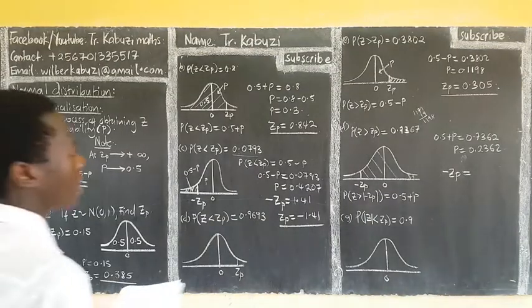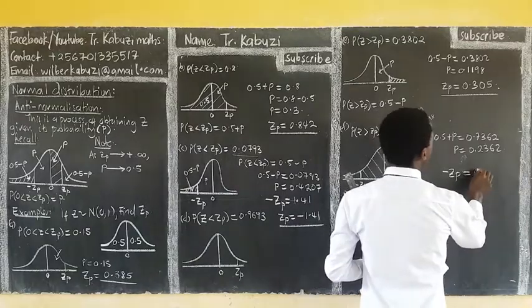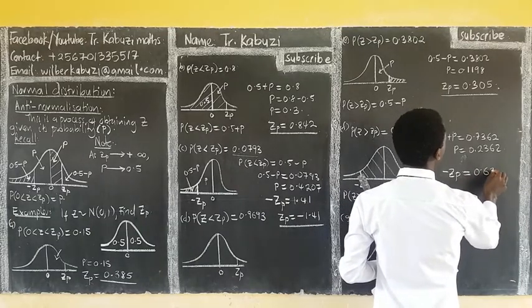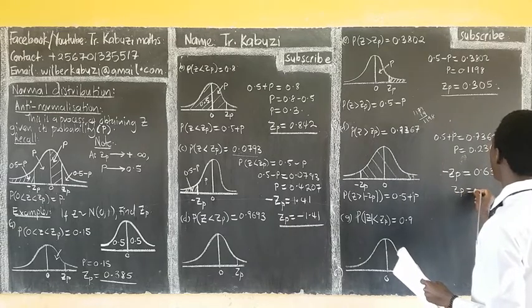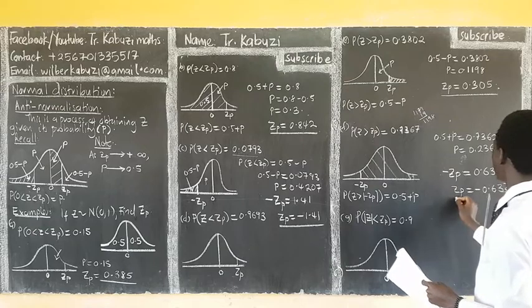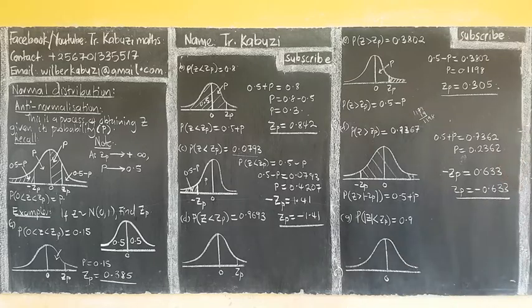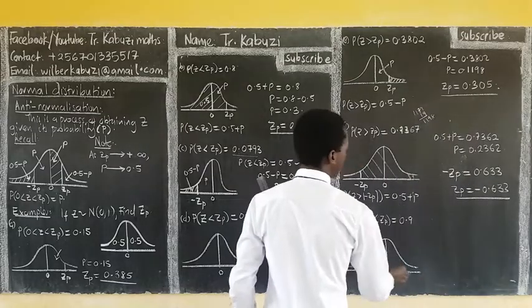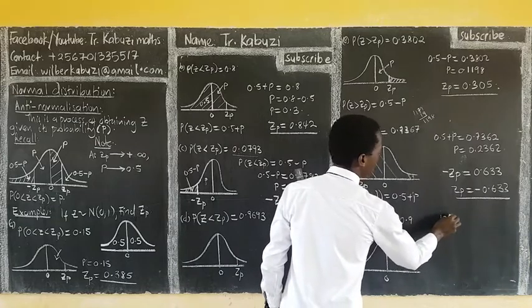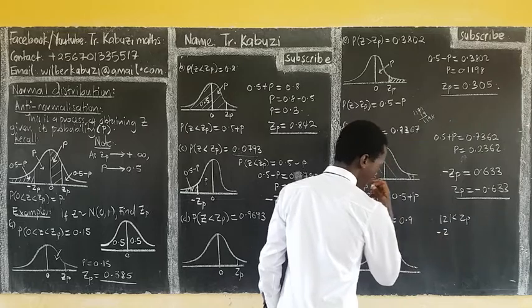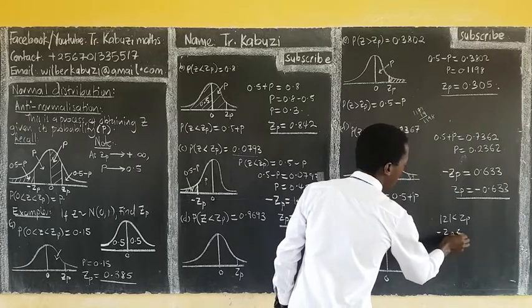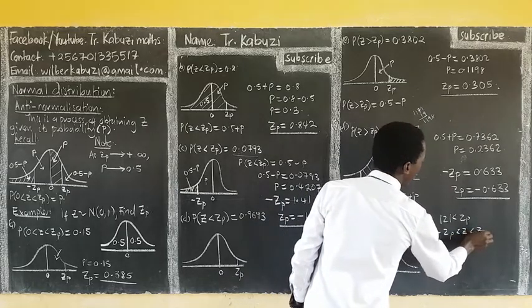Okay, so this one is going to be 0.63. So 3 minus ZP will now be negative 0.633. What about this? Now this one is a modulus. You said modulus of Z less ZP, then it's the same as modulus of negative ZP less Z less ZP.